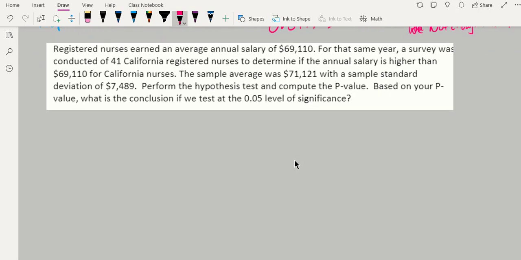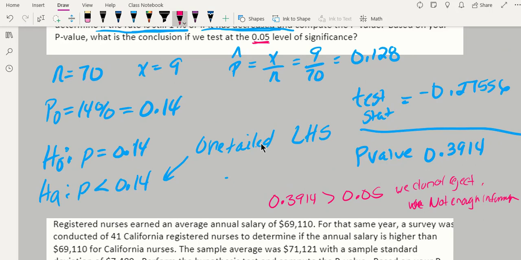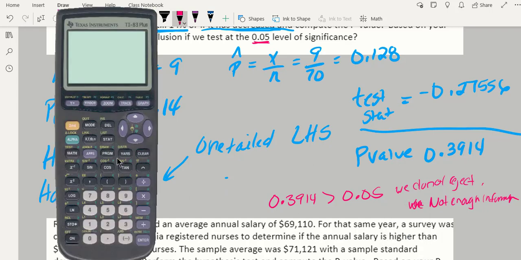Oh, I did forget. If you are using your TI-83 calculator, let's plug all of this in just in case you don't want to use GeoGebra. You come to Stats, scroll over to Tests, and since you only have one proportion, it'll be a 1-PropZTest.